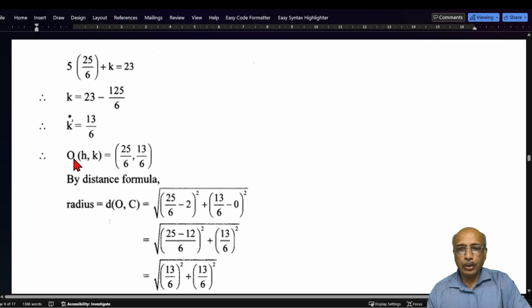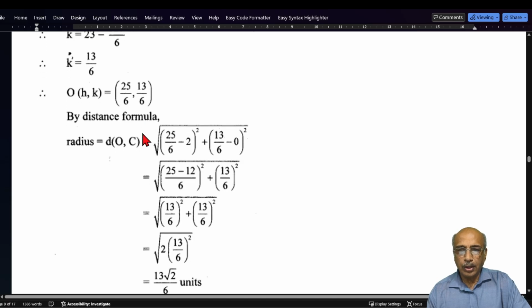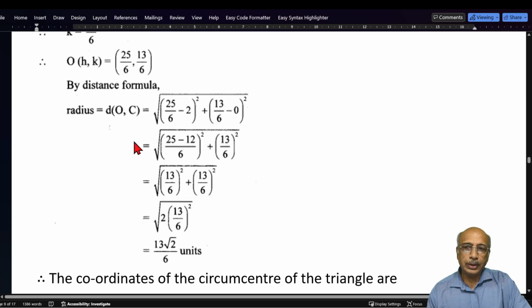So the coordinates of O, h and k, are 25 upon 6 and 13 upon 6. To find the radius of the circle, we take the distance OC, or OA or OB also you can take. OC is taken. By the distance formula, substitute the values here.